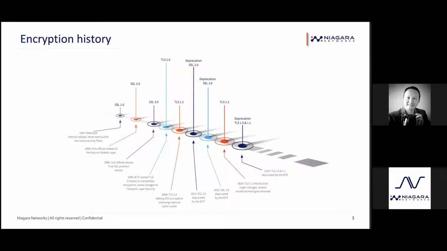Over the years, we got different versions, starting with TLS 1.0, TLS 1.1, TLS 1.2, which is still commonly used. Over time, all the previous versions became deprecated. So that's basically how it started, and we are currently at release TLS 1.3.